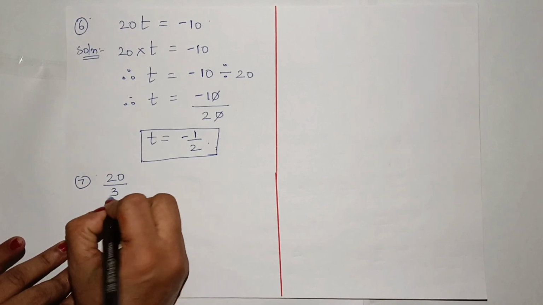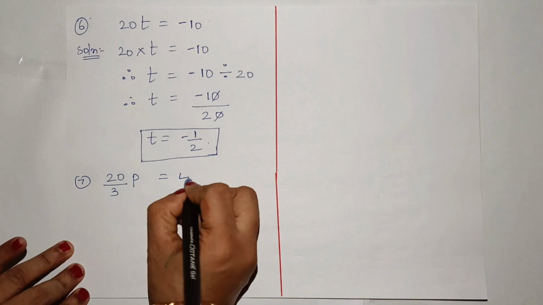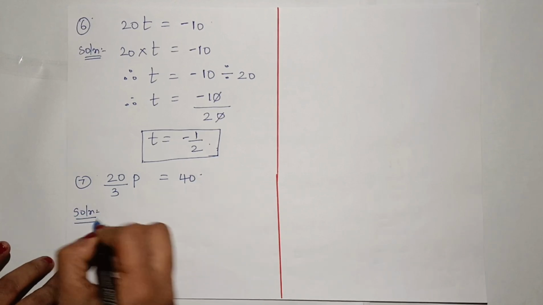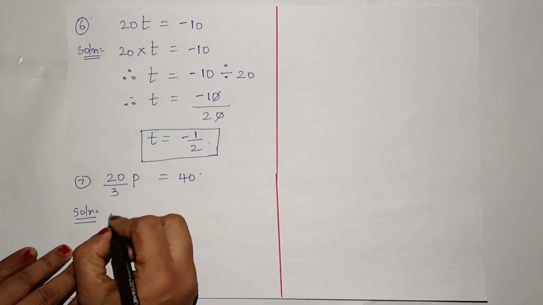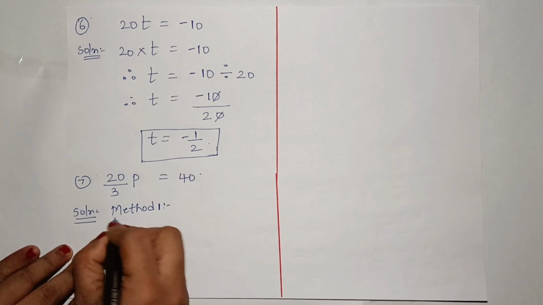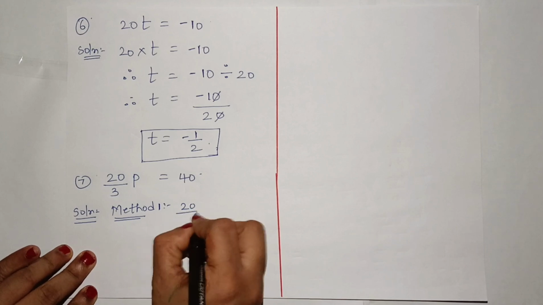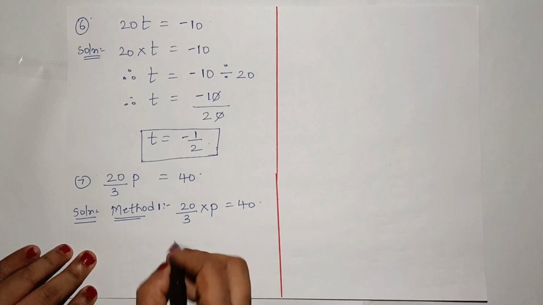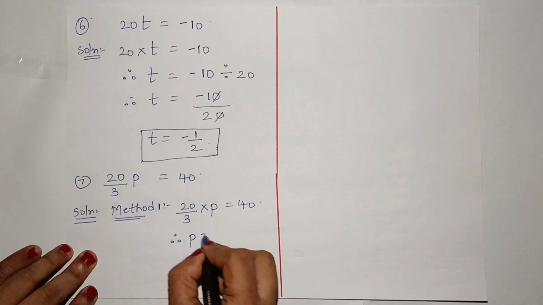Next question. 20 by 3 P equals 40. Understand this question. In this you have two methods. I'll teach you both methods. Method 1. Just write down 20 by 3 into P. Therefore, P equals what?